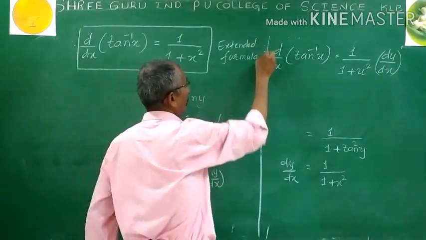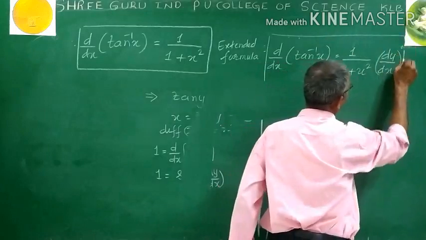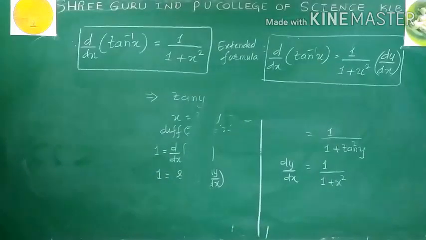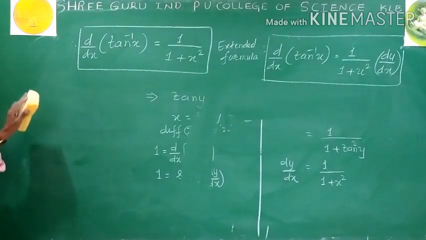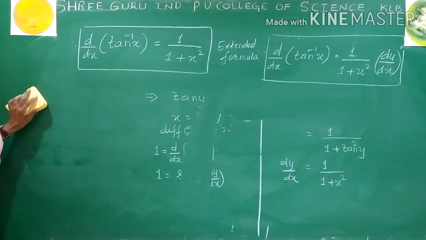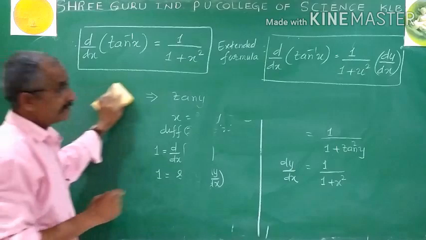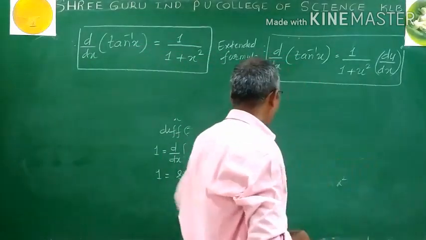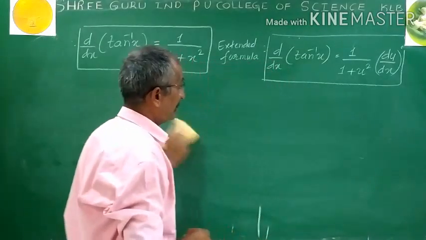Underline, I mean highlight, these two formulas. Highlighting is not that important; more importantly, you have to keep them in your memory correctly, rather than highlighting by pen or pencil.